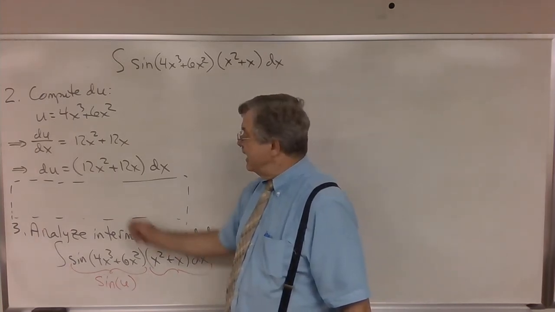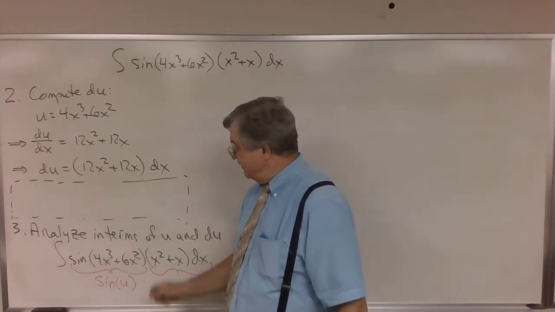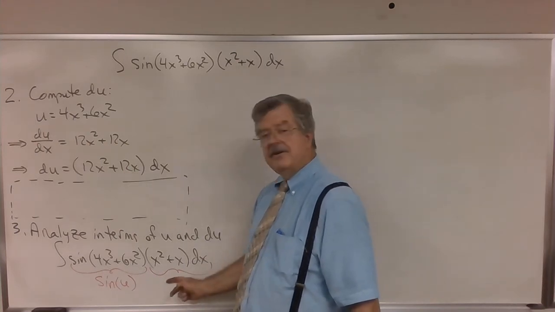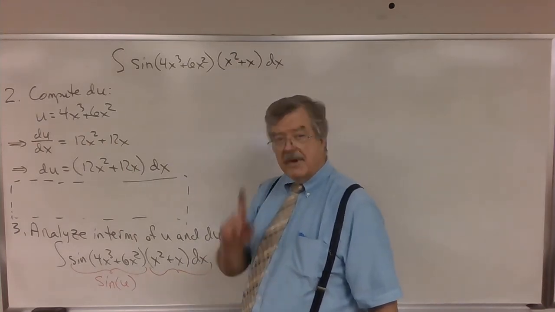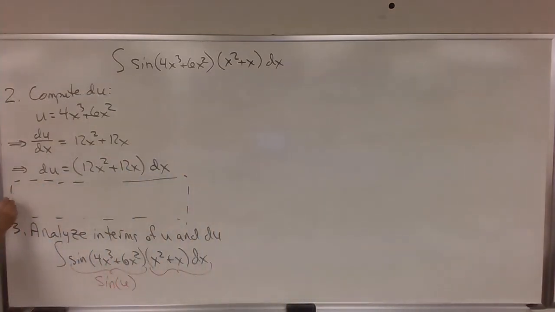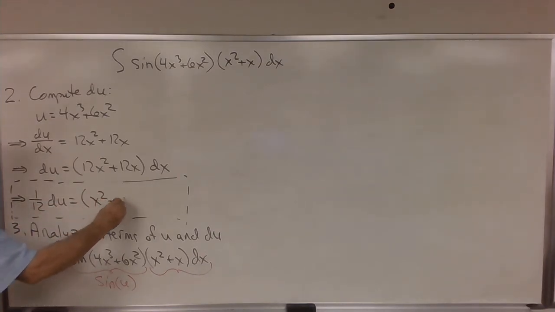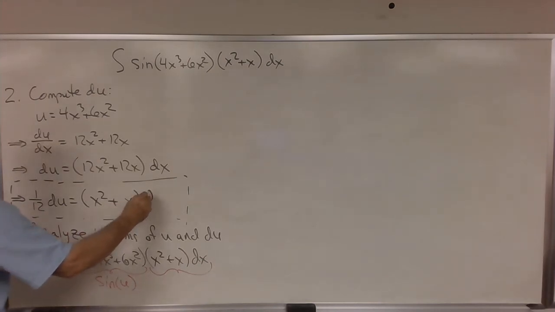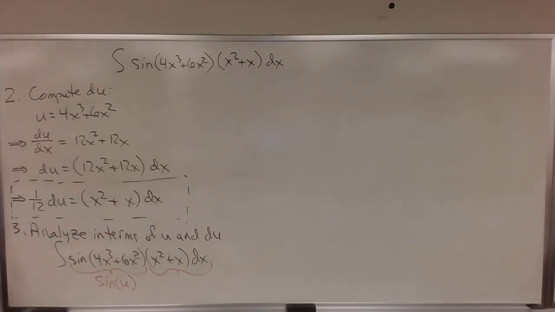If I just divide both sides by 12, the right-hand side turns into this, right? So I divide both sides by 12, or equivalently, I multiply both sides by 1/12. Cool. So now I know what this thing is in terms of du.